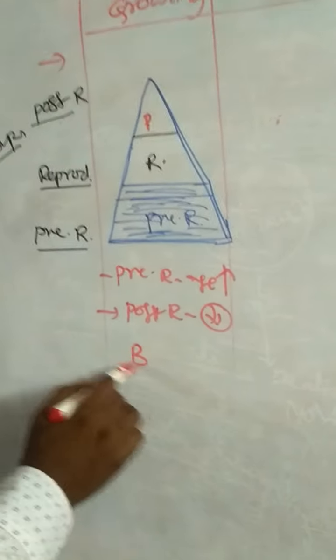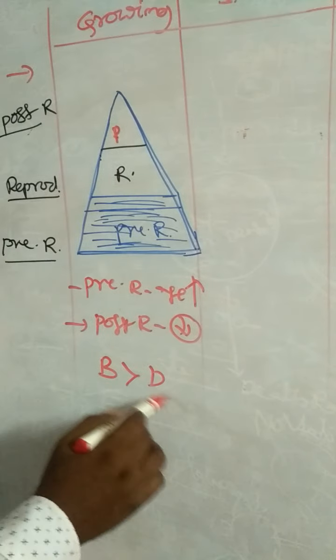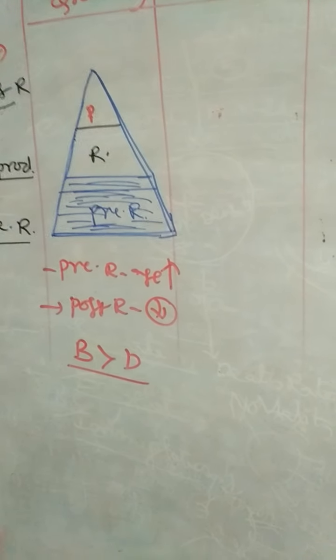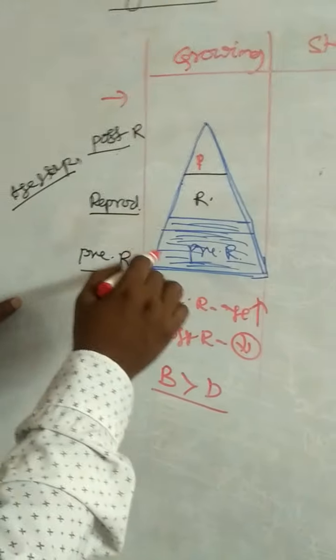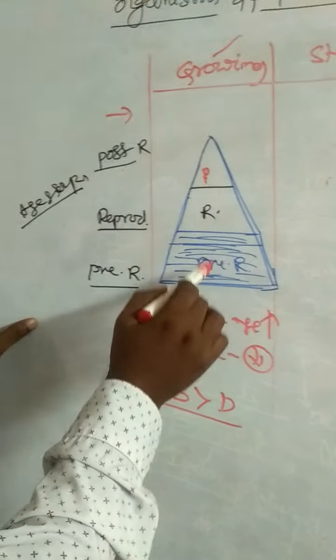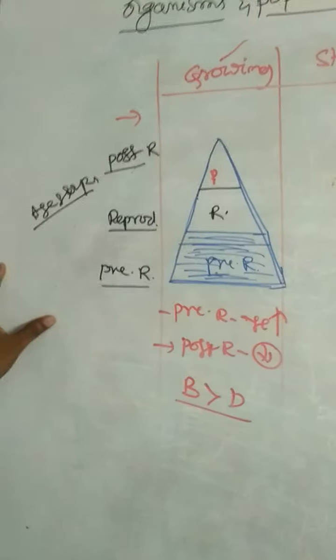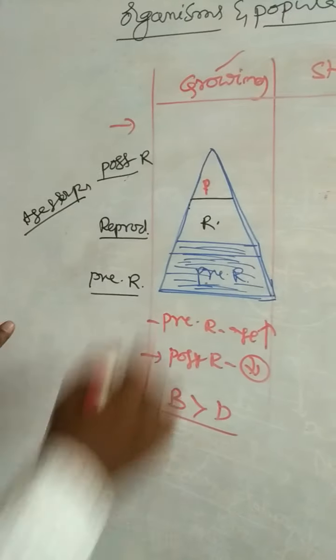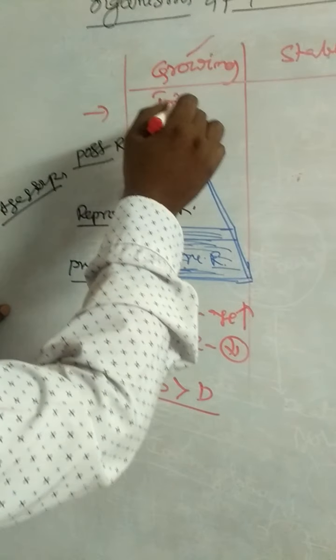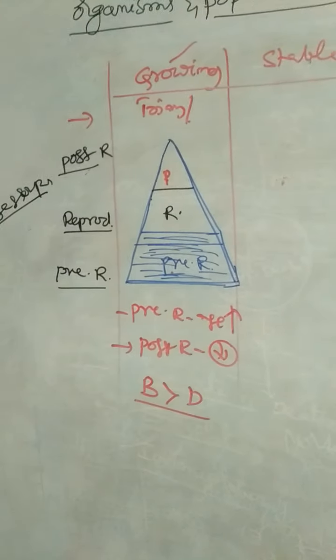Because in a growing population, the birth rate is greater than the death rate. So young ones, or pre-reproductive age groups, play an important role. The shape of the growing population pyramid is triangular.